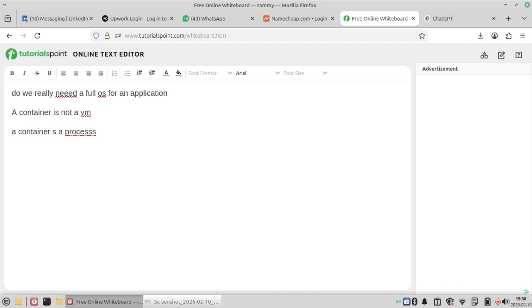So the isolation in containers is provided by features in the operating system kernel. And the two most important ones are namespaces and cgroups. Namespaces allow the kernel to isolate different aspects of a process.